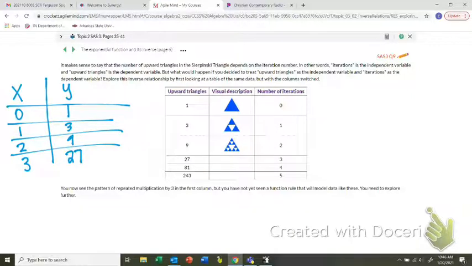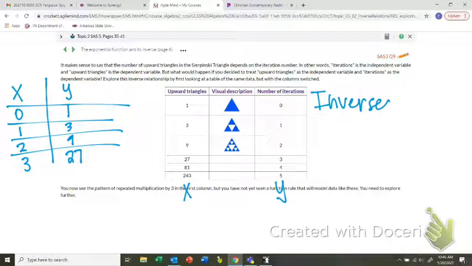All right, now if you look at the one on the screen, the Agile Mind one, they have already swapped it for us. So this is the inverse. Our new x is here, and our new y is here.